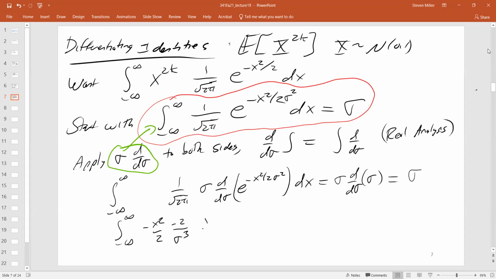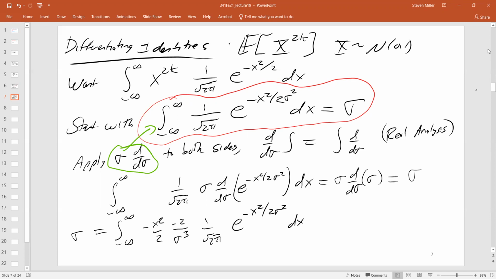Then we have a 1 over square root of 2 pi, and then e to the negative x squared over 2 sigma squared dx. And this is just equal to sigma. Well, the negative 2 reinforces with the negative sign up here and becomes a 2, which cancels with a 2 down here. We have a sigma cubed, right?